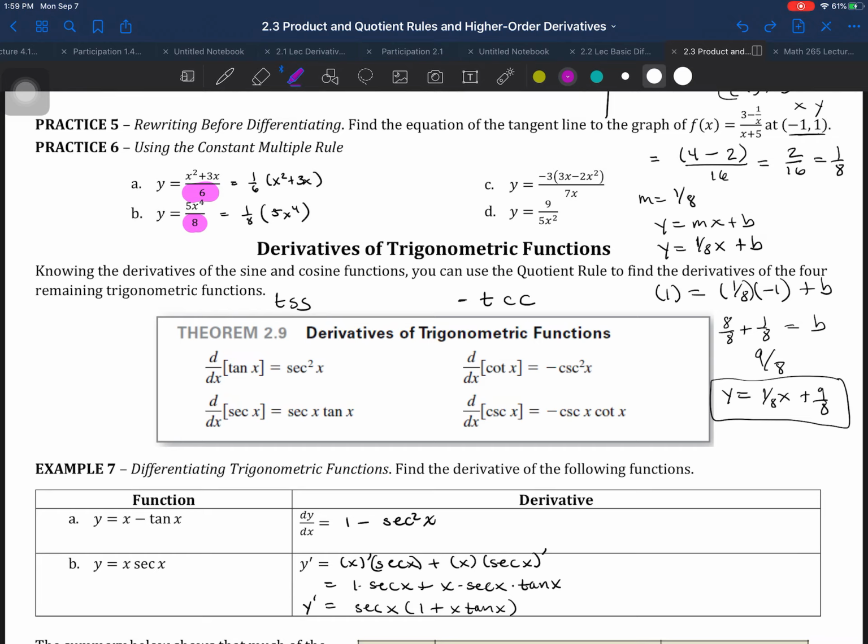The derivative of cosecant will be negative cosecant cotangent. Sorry about that, I almost was thinking about something else right now. So just remember that combination, and that will be very helpful to remember these derivatives.